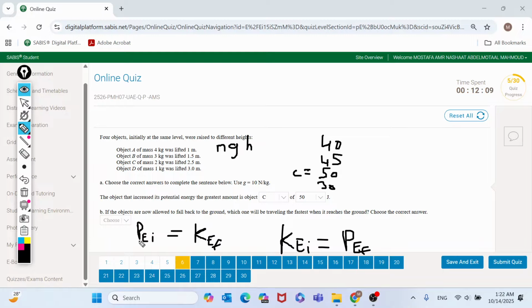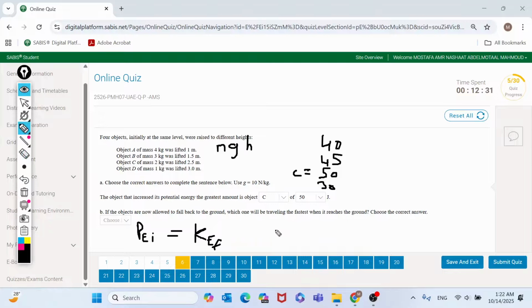So here we have the initial potential energy for all of them. Let me just erase this. This is the one we're going to use because we have the initial potential energy for all.